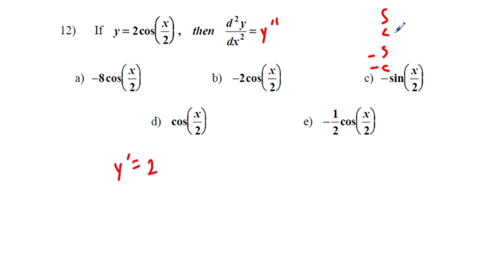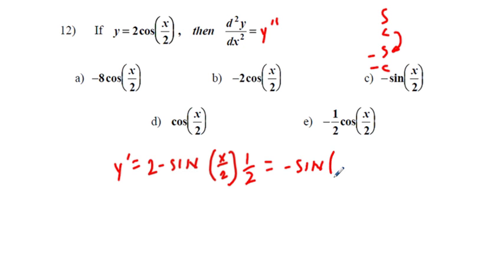If we go down from cosine to sine, we have negative sine, so we have 2 cosine, we're going to have negative sine, and we're going to have x over 2 times the derivative of the inside, x over 2, which is going to be 1/2. And so 1/2 and 2 cancel each other, so we're going to have negative sine of x over 2.